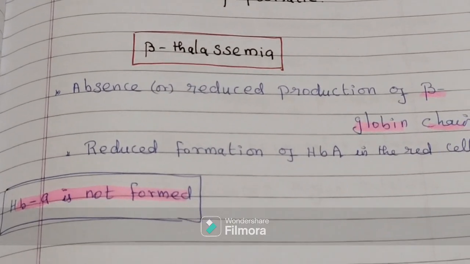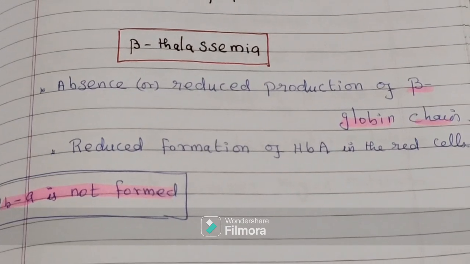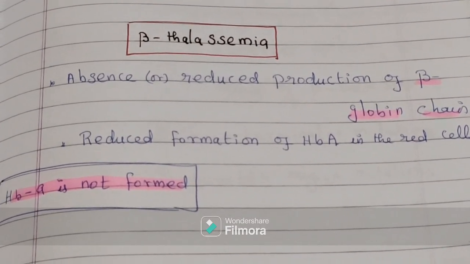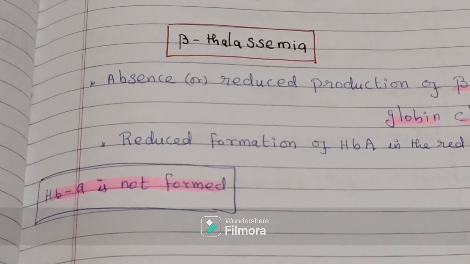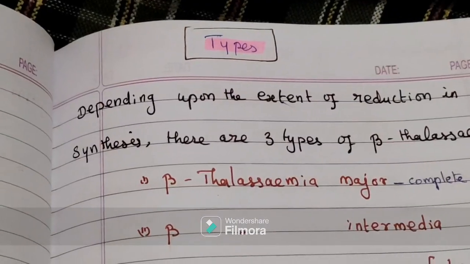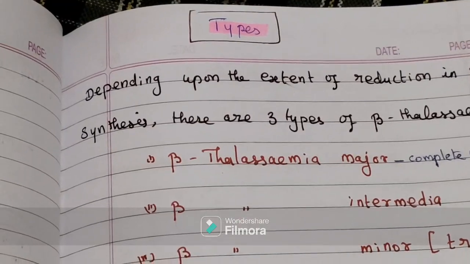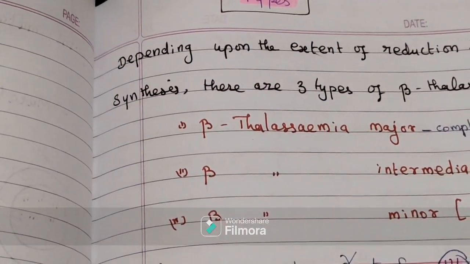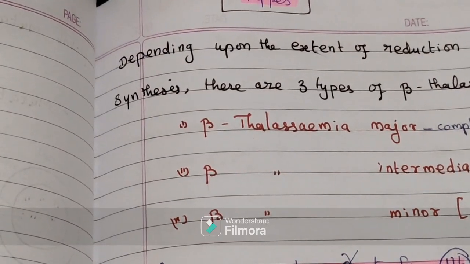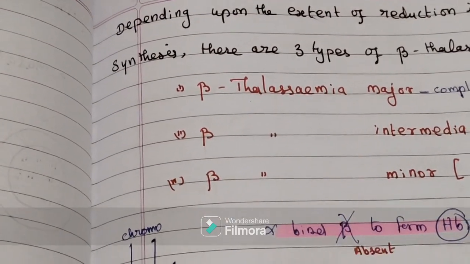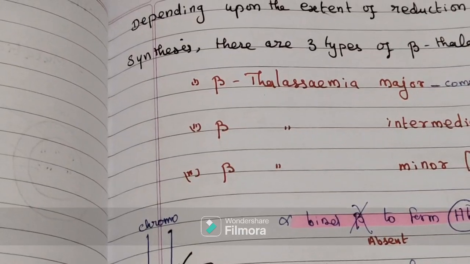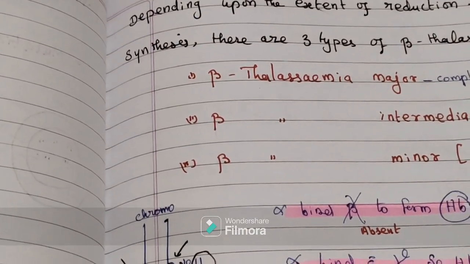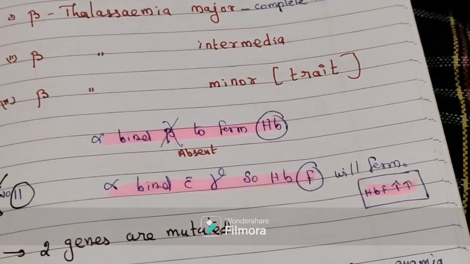HbA cannot be formed because for the formation of Hb we require 2 alpha 2 beta. Now alpha is there but beta is not there. So how will HbA be formed? HbA will not be formed. That is the problem with beta thalassemia.